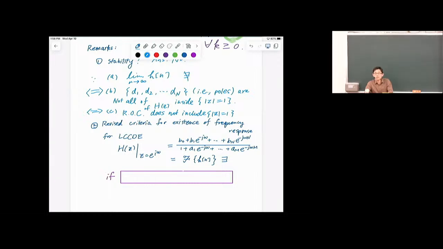If the region of convergence of our system function does not include the unit circle, then the frequency response of the system cannot be discussed. We have talked about that previously in our follow-up discussion. We have an example: unstable system, the frequency response cannot be discussed.